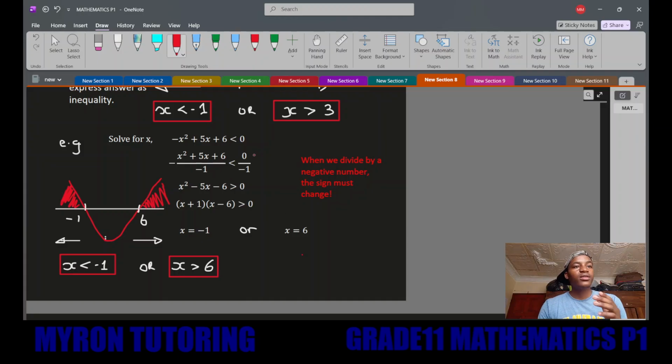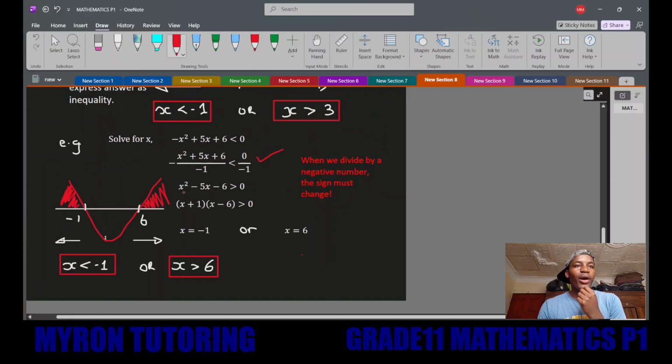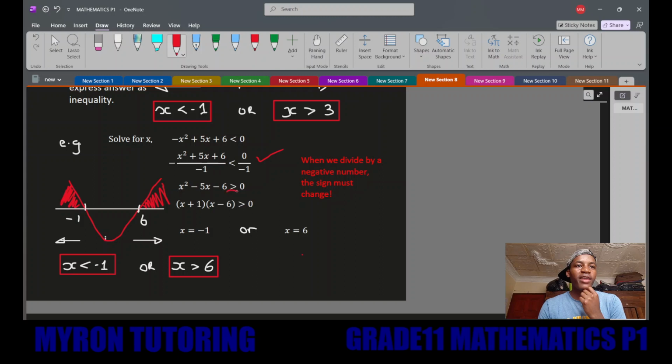So if we divide that whole polynomial by -1, we get a positive x squared minus 5x minus 6, but the sign changed here. The sign changes to greater than 0.